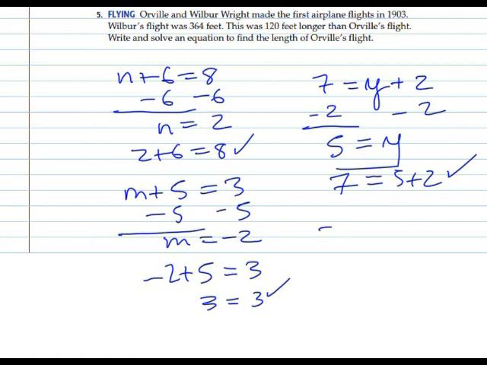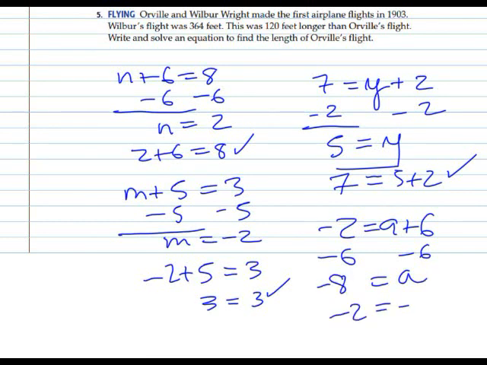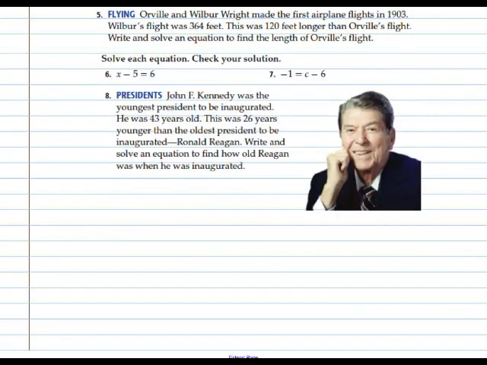My fourth problem, negative 2 equals a plus 6. Subtract 6 from both sides. A equals negative 8. Is negative 2 equal to negative 8 plus 6? Yes, it is. The solution to my equation is negative 8.